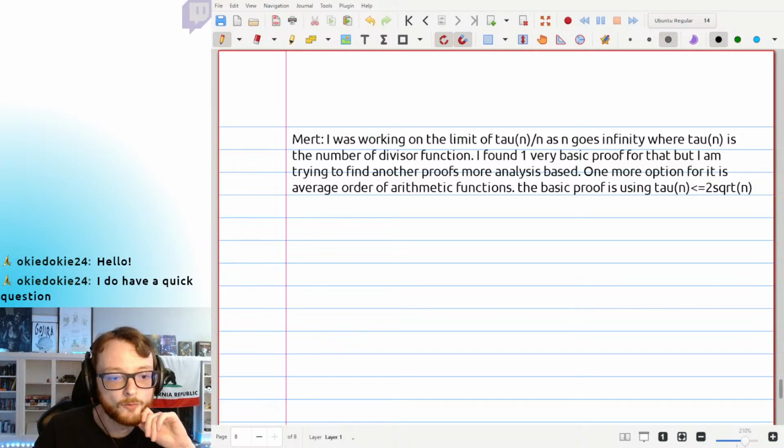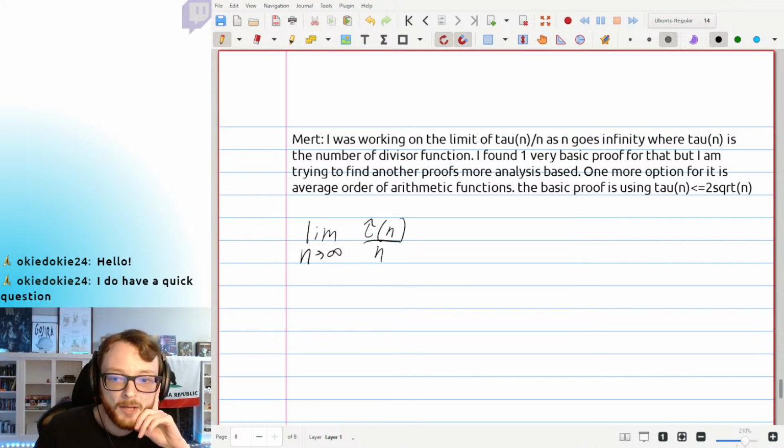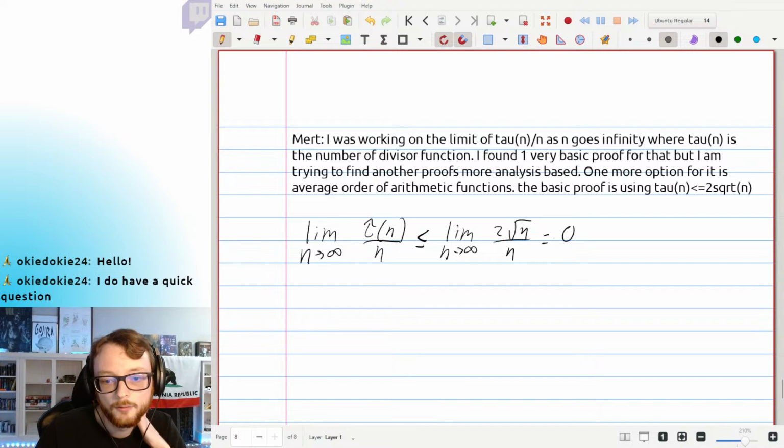So let me maybe just understand the basic proof first. We can bound it above. Mert is arguing by 2 root n over n, and that makes sense. And this would go to 0, right? Okay, so that's pretty straightforward.